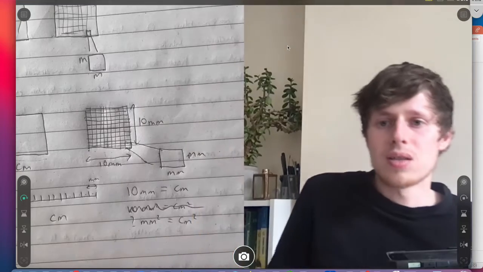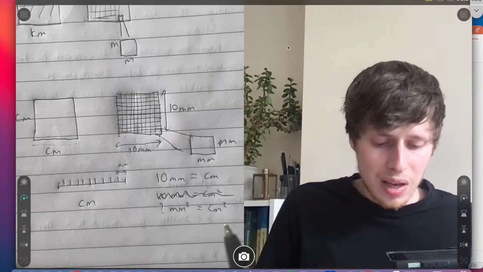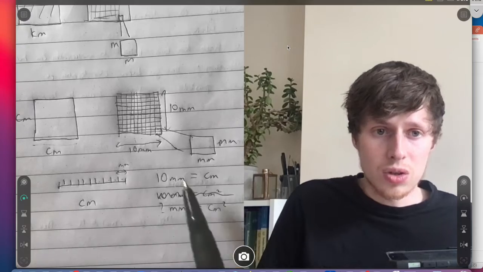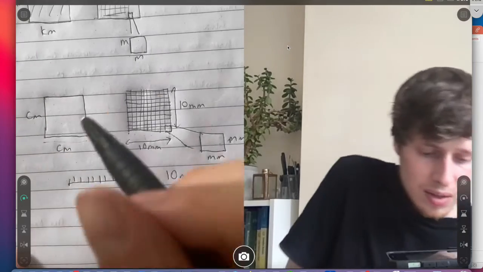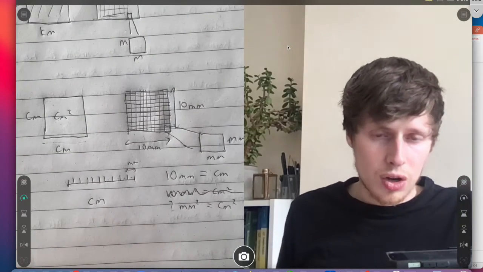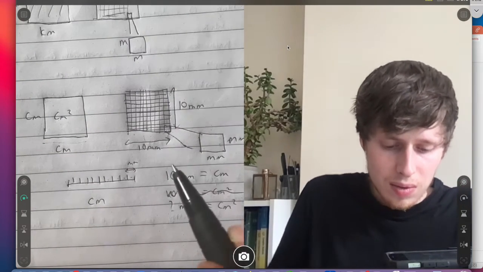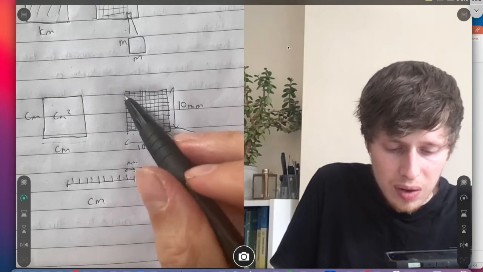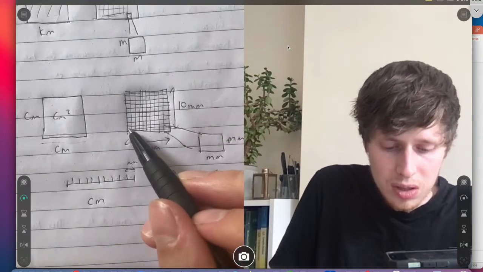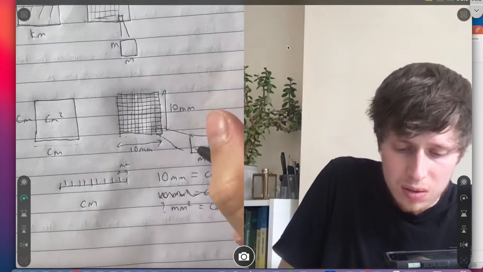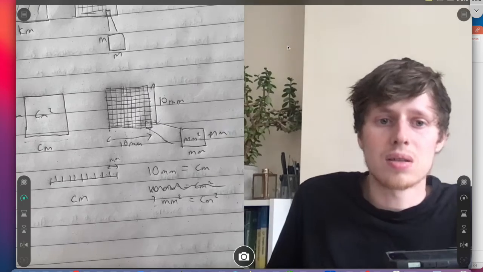So now we're ready to answer the question: how many millimeters squared fit into 1 centimeter squared? This is a centimeter squared, as I said earlier. If you think about it, you have 10 strips, horizontal rows, and 10 columns. So in each row, you have 10 millimeter squares.